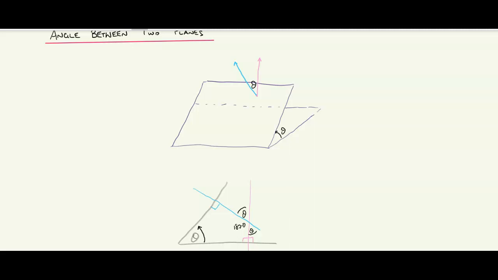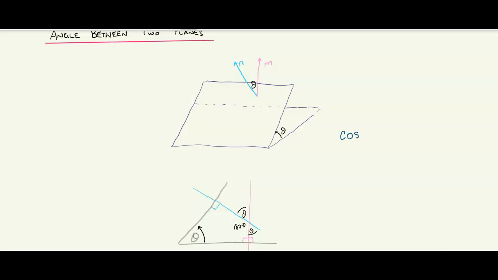So if I call this normal M and this normal here N, then I know I can find my angle between M and N, because I know how to find the angle between two lines.